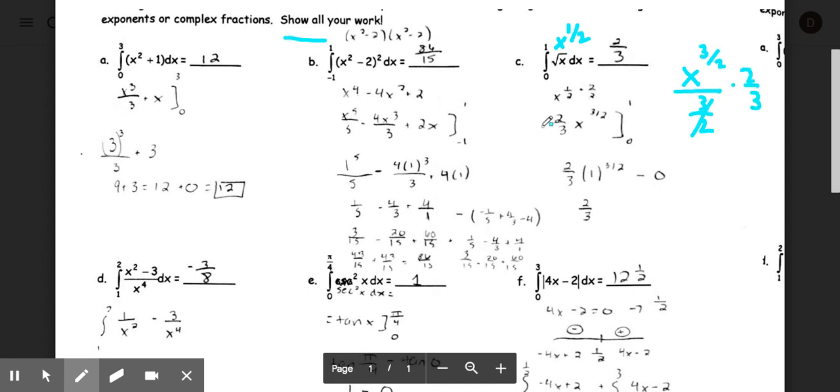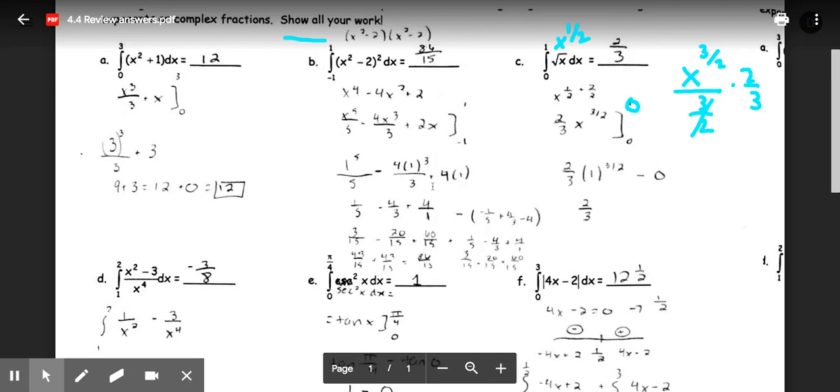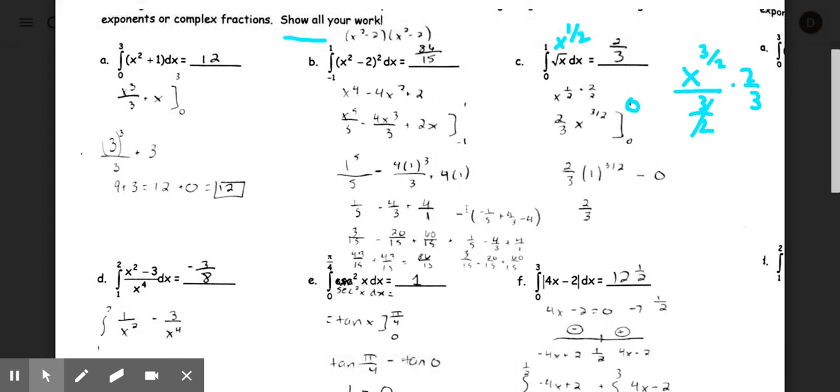So that's what's being done right here. And then you take the top bound 1, you plug it in first, so 1 to the 3/2 is just going to be 1, so that's 2/3. Then you subtract, take the bottom bound, plug it in for x, and you get 0, so your answer is just 2/3. Are you okay with that? Yeah.